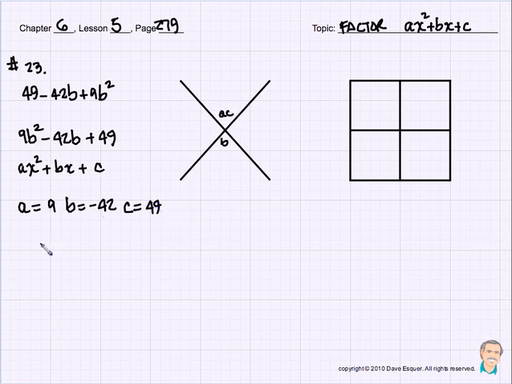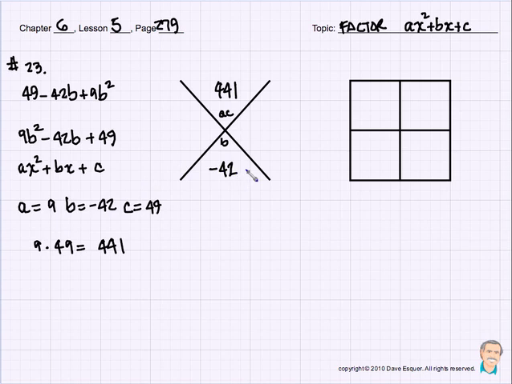So in our cross we have a times c, which is 9 times 49, and that turns out to be, I believe, 441. So we've got 441 in the top. We have to have a sum, negative b, of negative 42.